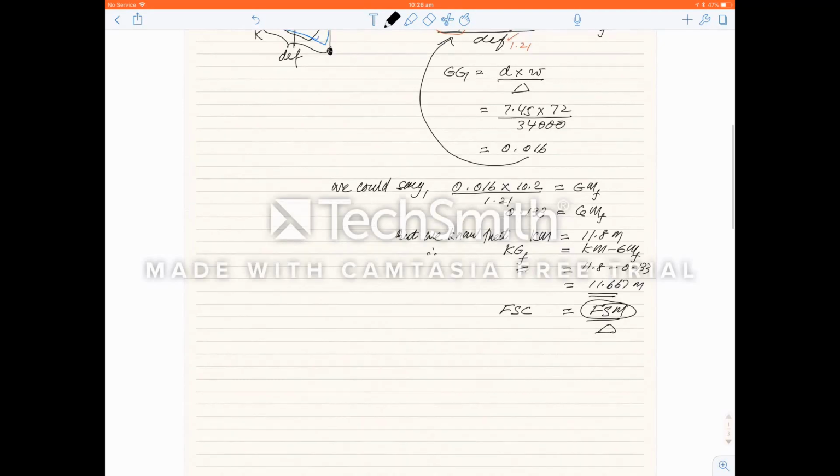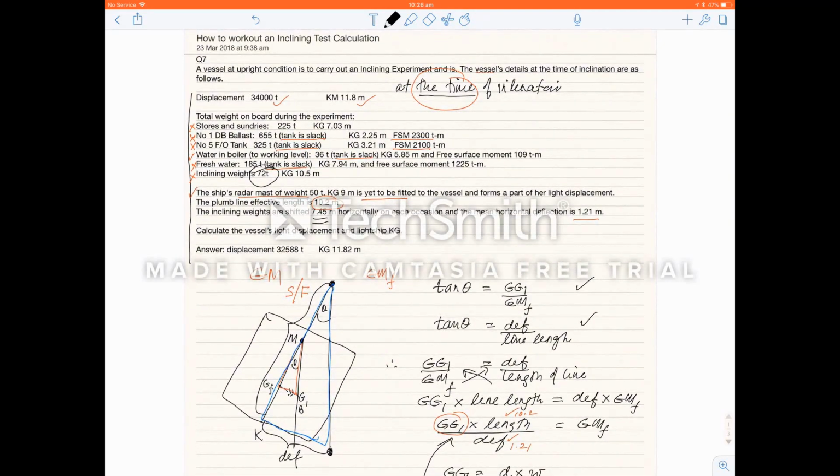Water in the boiler is causing a free surface moment of 109, but since water in the boiler to the working level is a part of light ship, we ignore the free surface moment. You consider that a solid, because that free surface will be there for the ship's lifetime. So those are the only free surface moments.